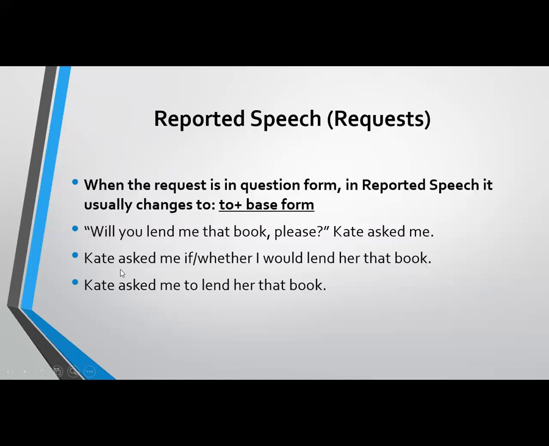So the modal verb will changes into would, and from a question, it will change into a statement. Kate asked me to lend her that book. Another way of changing from a direct speech request into a reported one.